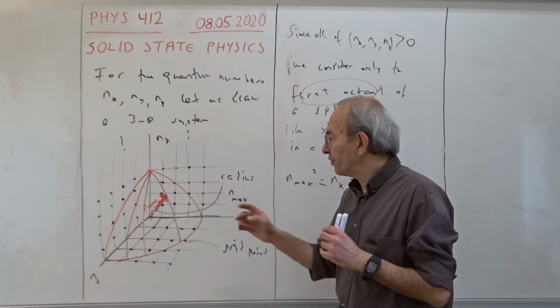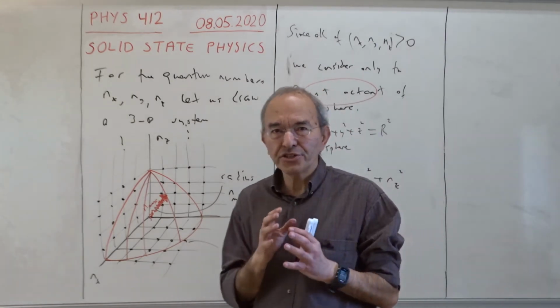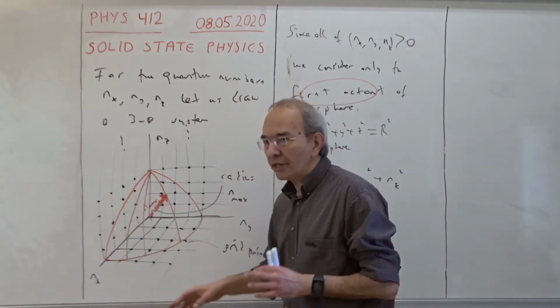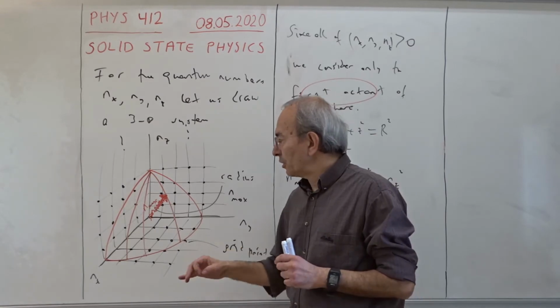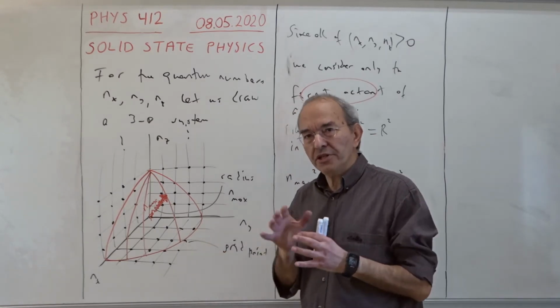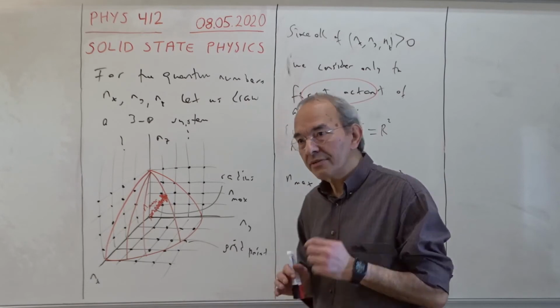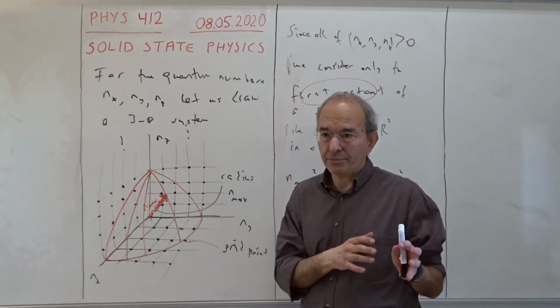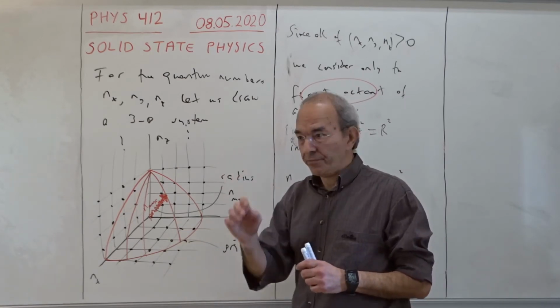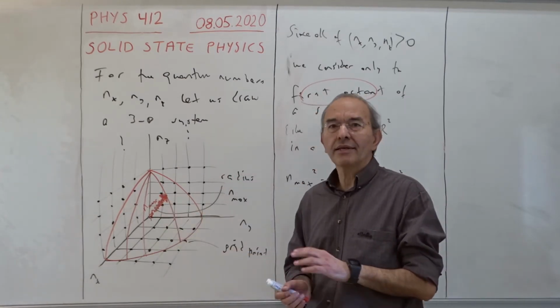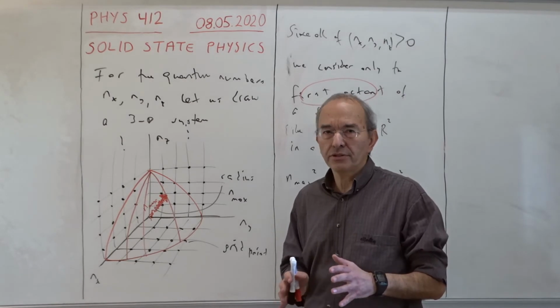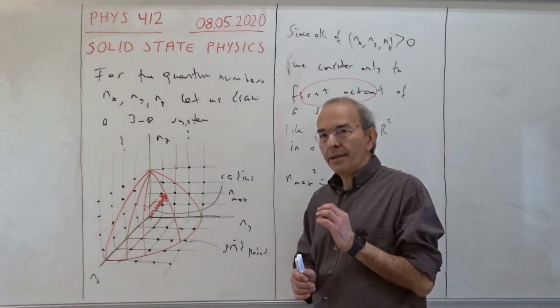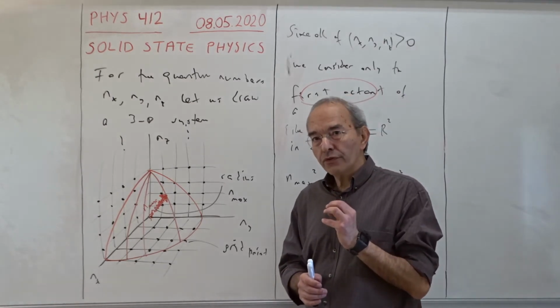Let me repeat again. This is not a sphere inside the crystal. These are not the atoms. Because so far, especially near the beginning of the course, we were drawing such pictures to give the positions of the atoms. These dots do not represent atoms in a crystal, in a metal, for instance. They represent allowed values of quantum numbers.